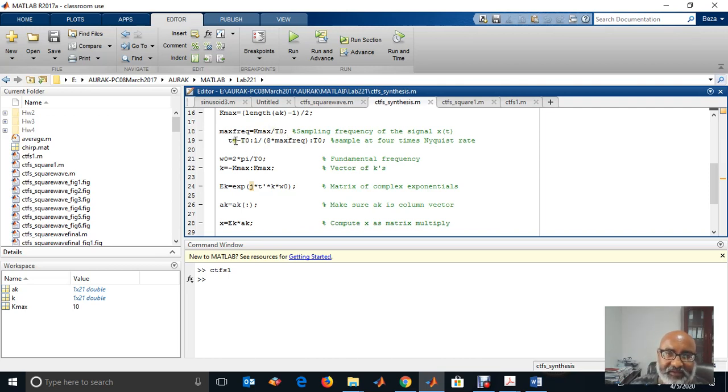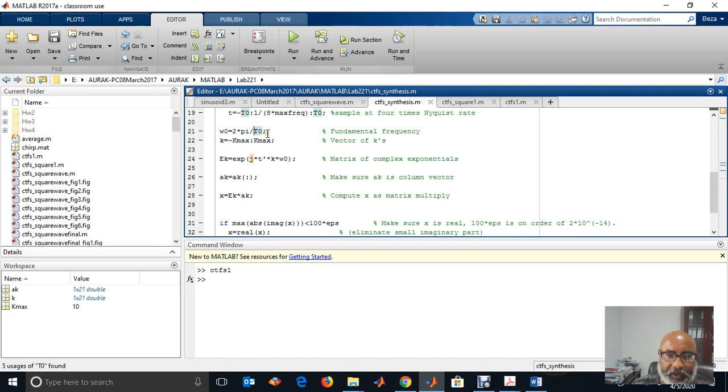And then here are the time steps. The time vector is from minus T naught to T naught, and the time step is 1 over 8 times the maximum frequency, which we defined here. We are sampling at 4 times the Nyquist rate.